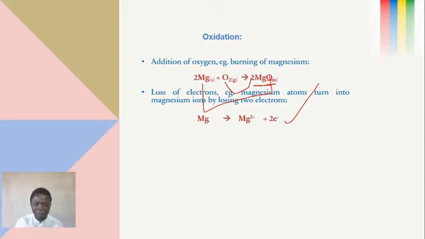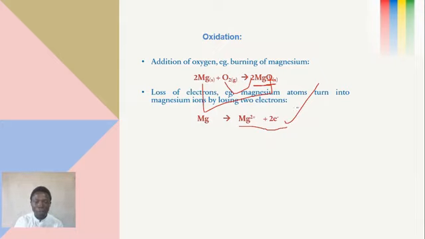So loss of electrons, this is a magnesium atom. Now magnesium belongs to group 2, so it's going to donate 2 electrons, and donating 2 electrons means losing 2. Because of that there is loss of electrons, and that means this is an oxidation.